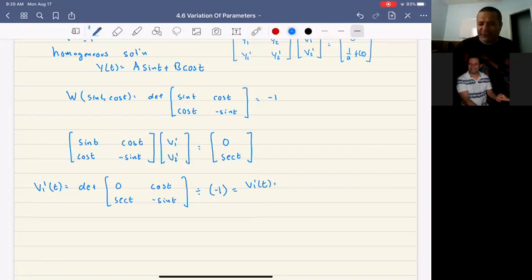So v1 prime of t actually just equals 1, because here we have 0 minus 1 divided by negative 1.